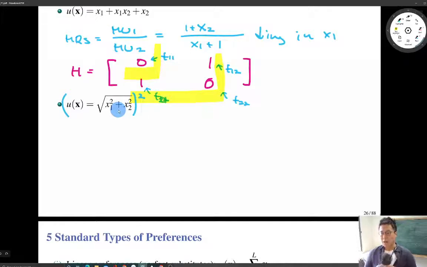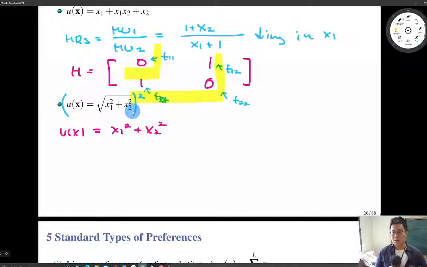By taking the square of both sides and defining this function v, so v of x, we can take off this square root. So x1 squared plus x2 squared. So this function v, a monotone transformation, and the original function u represent the same preference. So we can work with this function v.